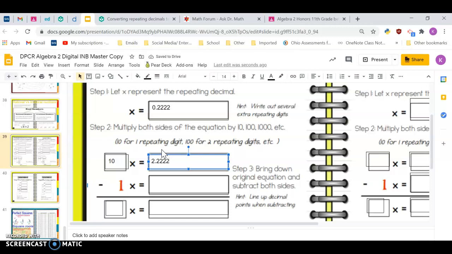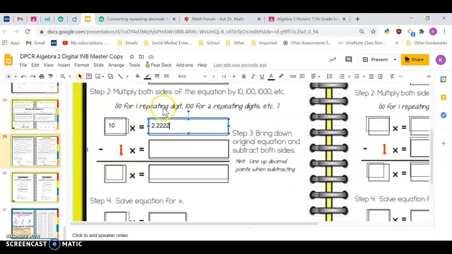What this is doing is moving one of the repeating digits in front of the decimal. So we're going to put this new x and our new version of our decimal, and subtract it from the original version of our x and our decimal.